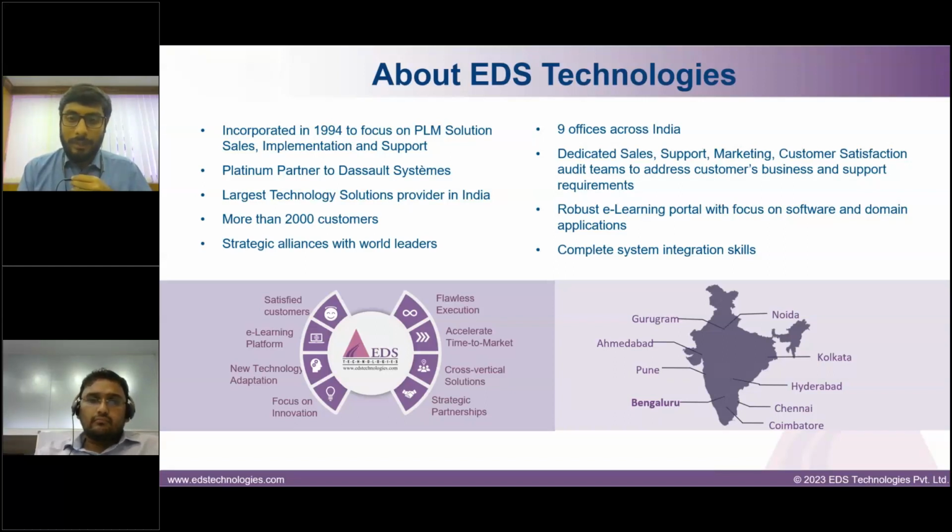We also have a partnership with EOS for additive manufacturing requirements, Human Solutions for ergonomic solution requirements, MAC for military simulation and training needs for aerospace and defense industry, and ESRI for GIS related requirements. With respect to electronic design automation, we closely work with Synopsys. We have dedicated sales, support, marketing, and customer satisfaction teams to address customers' PLM business and support requirements.